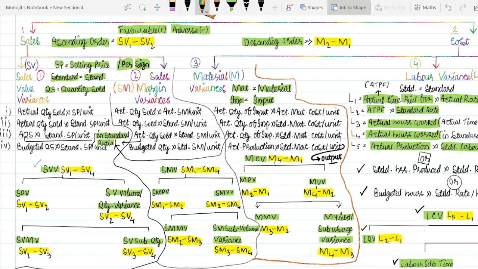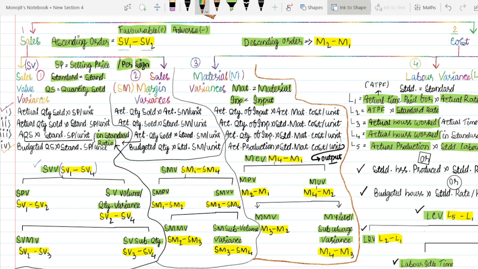To find the sales value variances, you need to write sales value 1 minus sales value 4. In case of sales, ascending order will be followed, meaning 1 will come first and after that 2 will come.